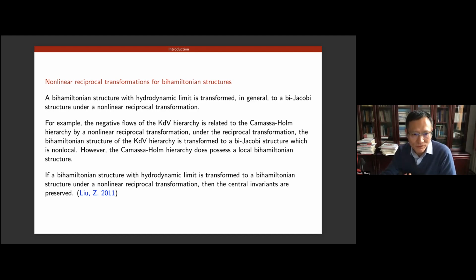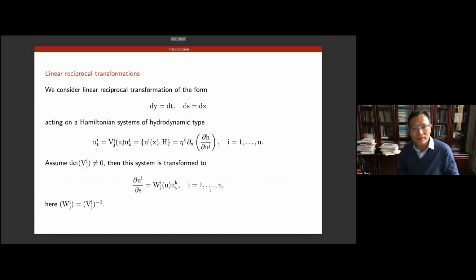However, if a bihamiltonian structure of hydrodynamic type is transformed to a bihamiltonian structure under a nonlinear reciprocal transformation, and this nonlinear reciprocal transformation does not destroy the locality, then this kind of reciprocal transformation preserves the so-called central invariance of this bihamiltonian structure. Okay, so these are the nonlinear ones.